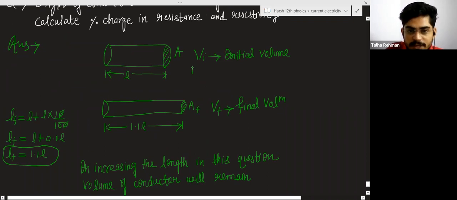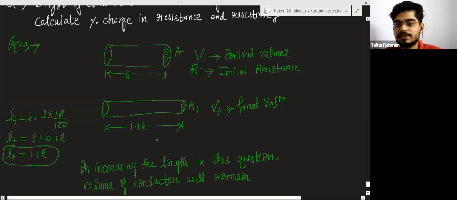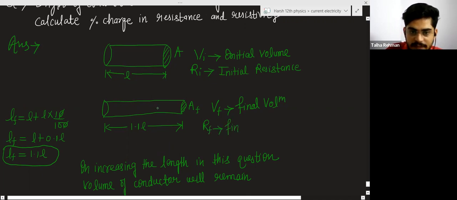I am supposing Ri is the initial resistance of this conductor. As the resistance depends upon the length and area, the resistance will change. So I am supposing Rf is the final resistance of this conductor after stretching.